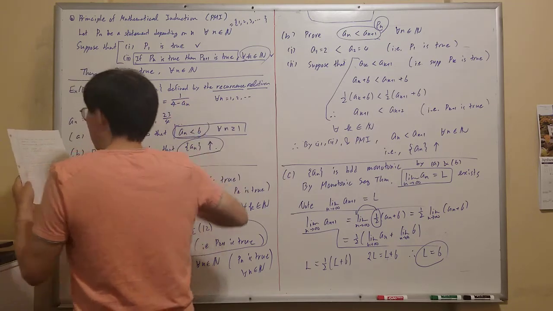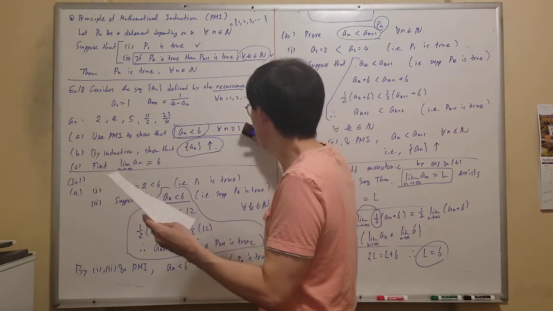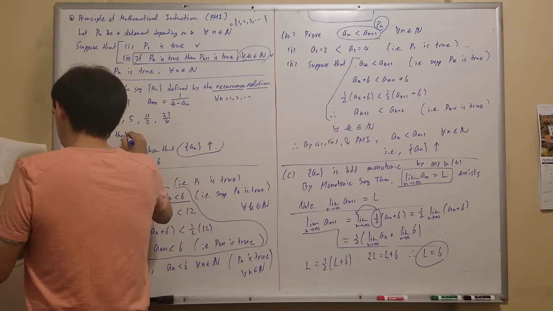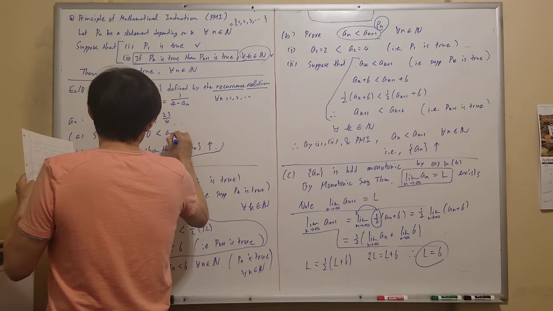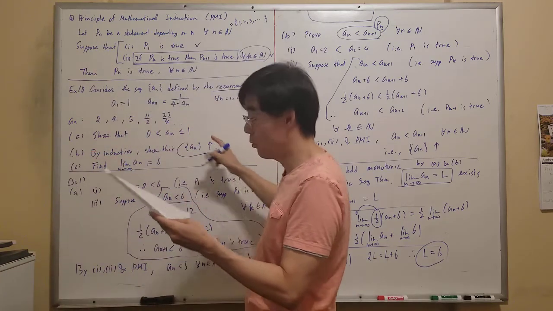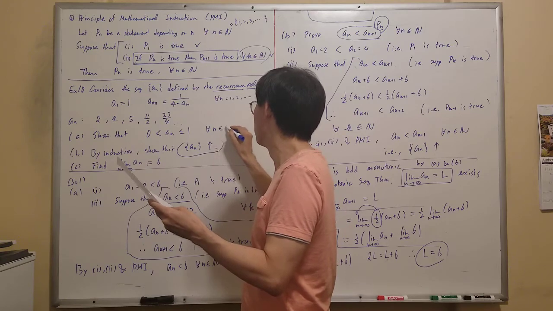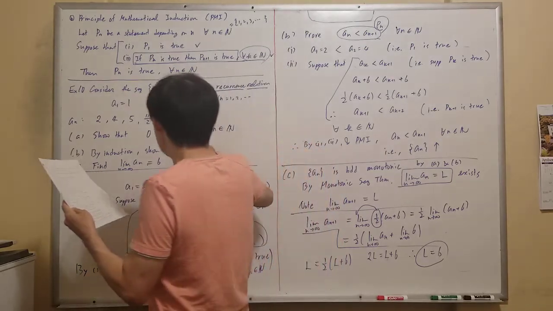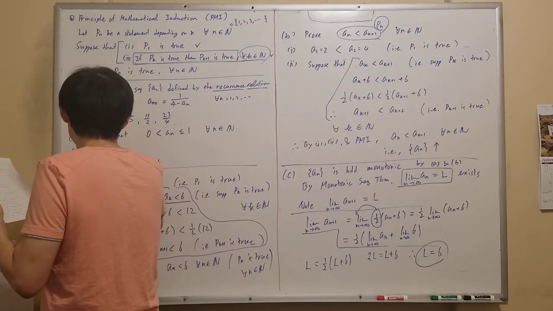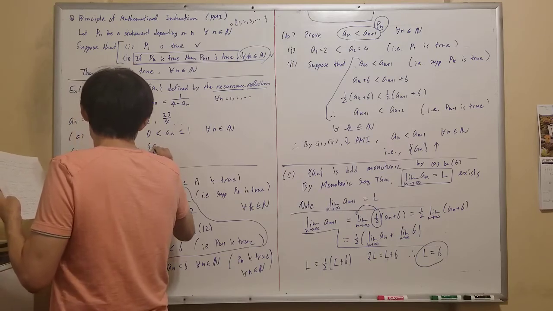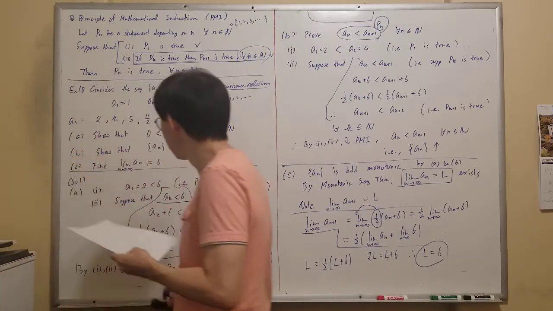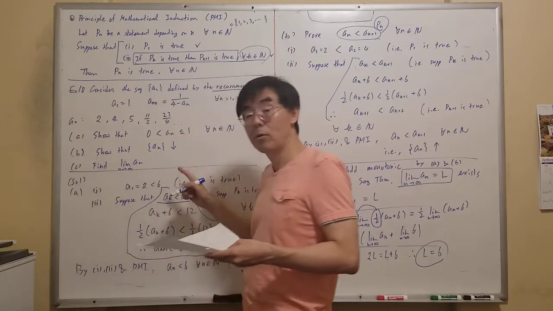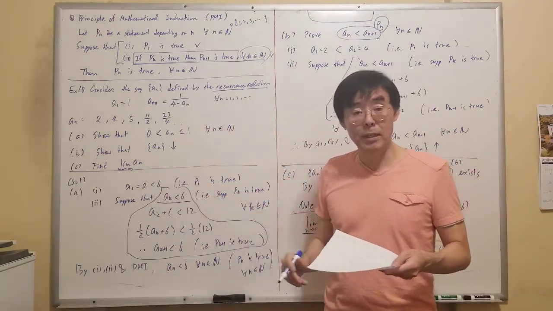Then show that a_n is bounded between 0 and 1 for all n. And then show that a_n is decreasing. A decreasing and bounded sequence, again by the bounded monotonic sequence theorem, must be a convergent sequence.